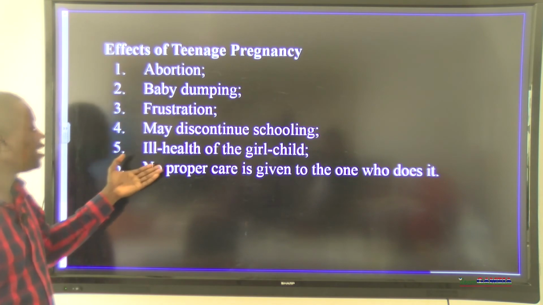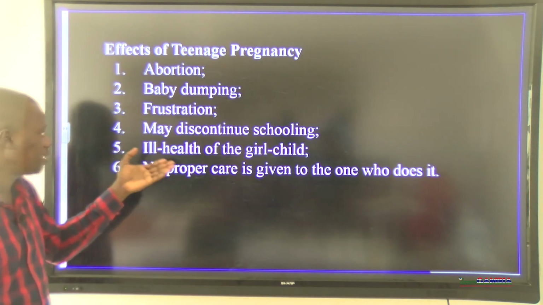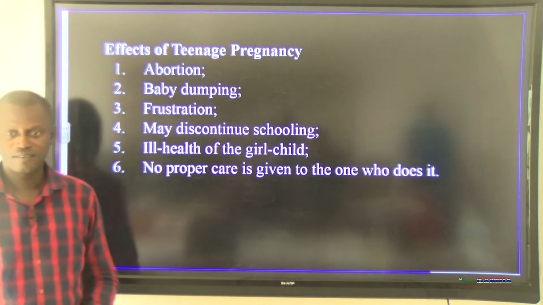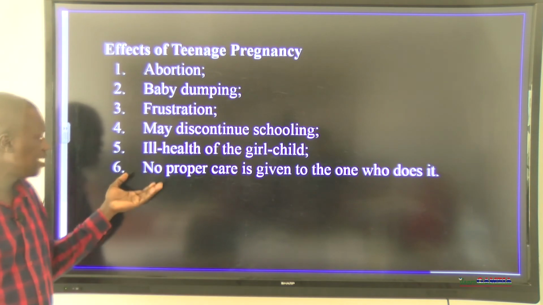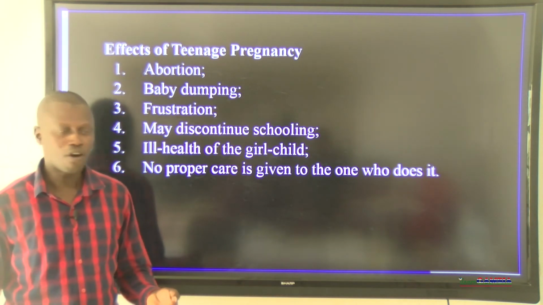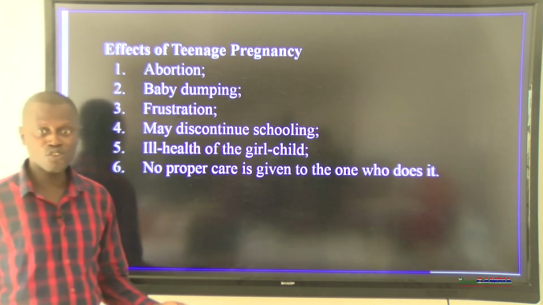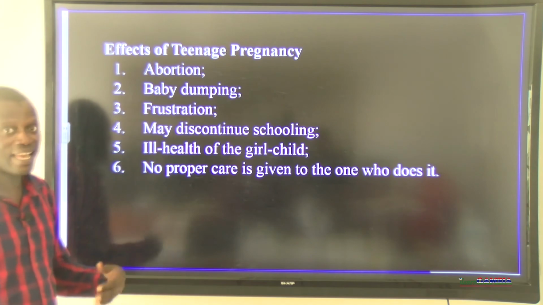Another effect is ill health of the girl child. The girl may be seeing some signs and symptoms of a malformation in her body system. So it results to ill health.